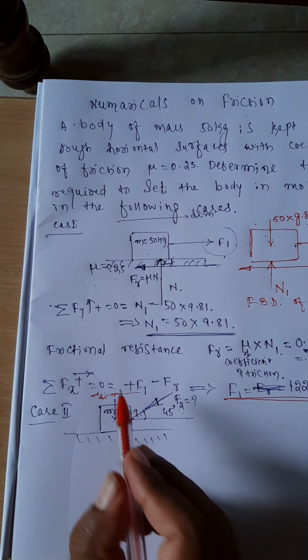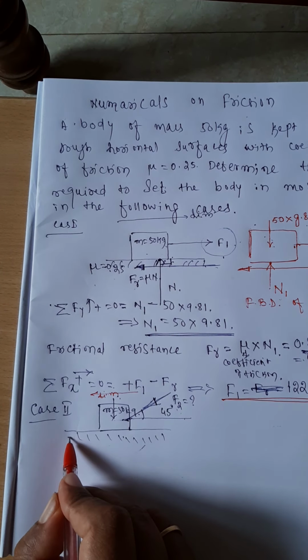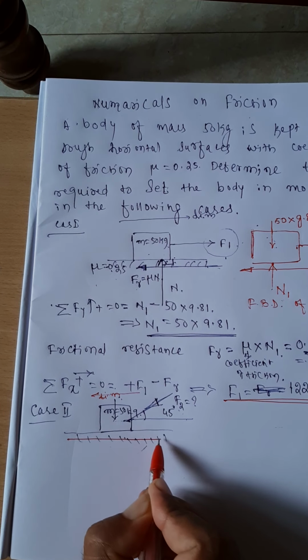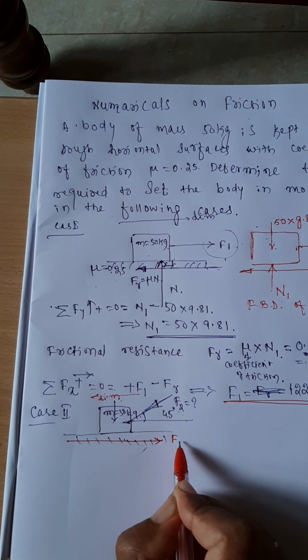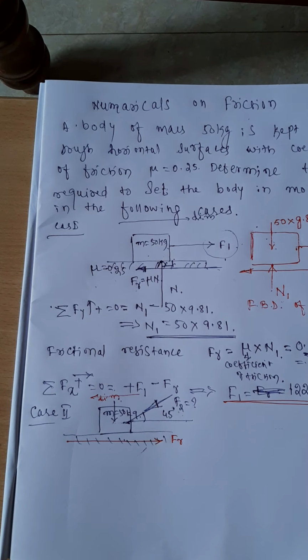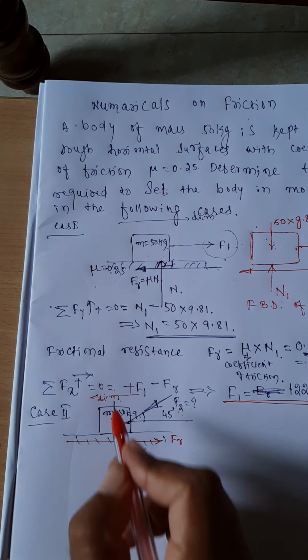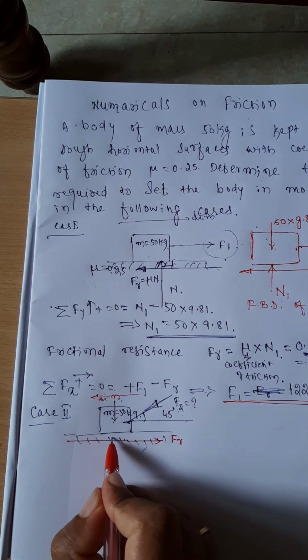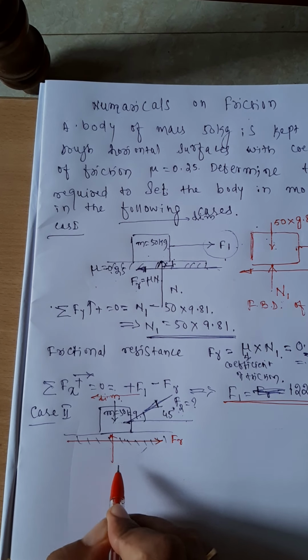Once you mark the direction of motion of the body, you mark the direction of frictional resistance. This is the direction of frictional resistance. Is that okay? Next, you mark all other forces on the body. Yes, the normal reaction will act like this.